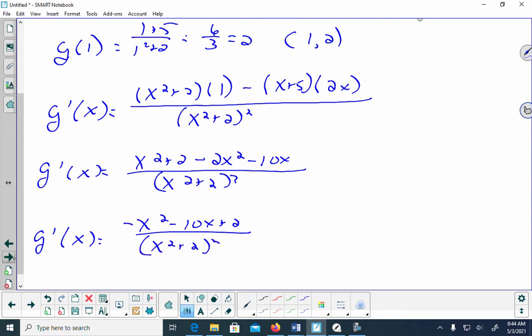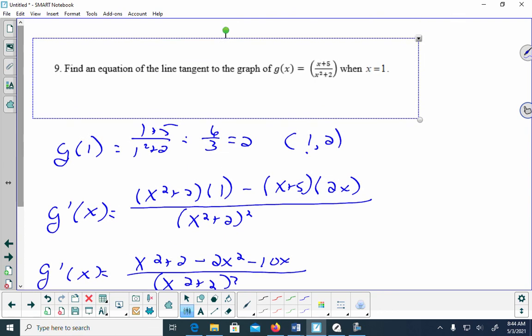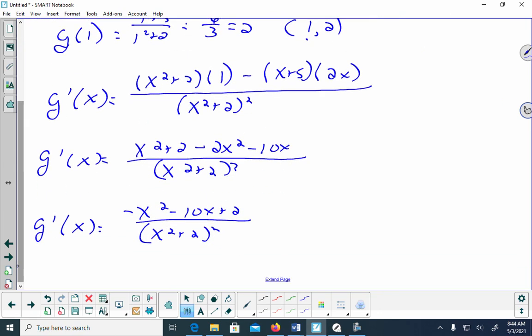And remember, I'm trying to find the equation of my tangent line at the point 1. So I'm going to find the slope of my tangent line at 1. So I'm going to substitute in 1 here. So I'm going to have negative 1 squared minus 10 times 1 plus 2 all over 1 squared plus 2 squared.